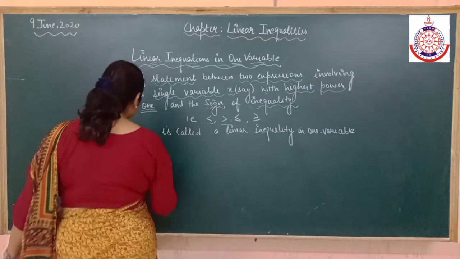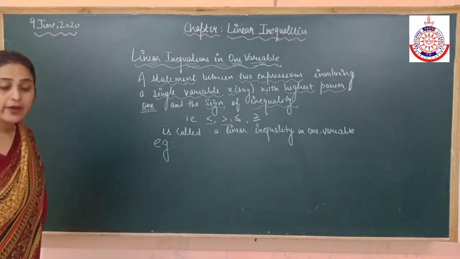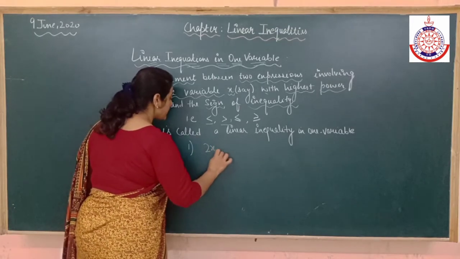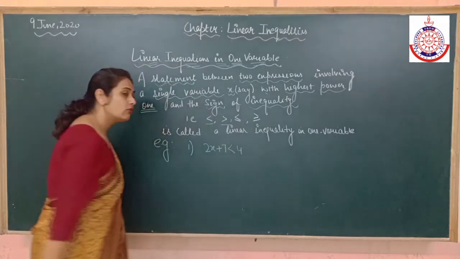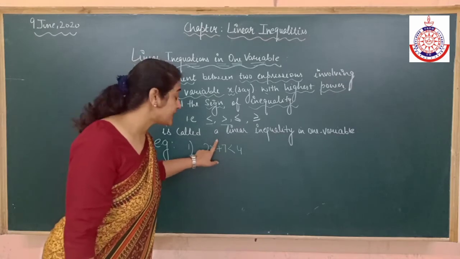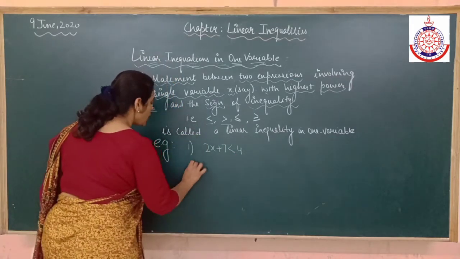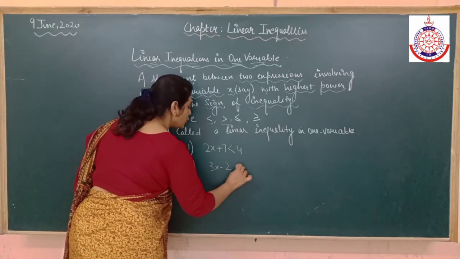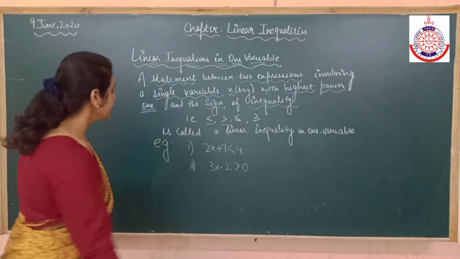Let's see the examples. Say 2x plus 7 less than 4. That's a linear inequality. It has one variable whose highest power is 1 and an inequality is involved. If I say 3x minus 2 greater than 0, that's an inequality.